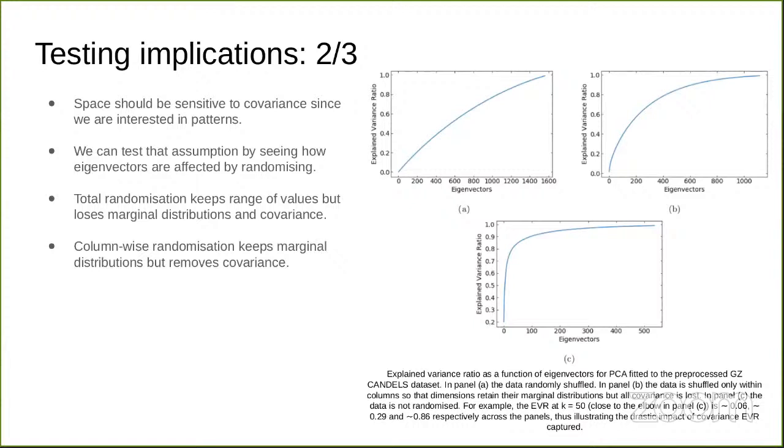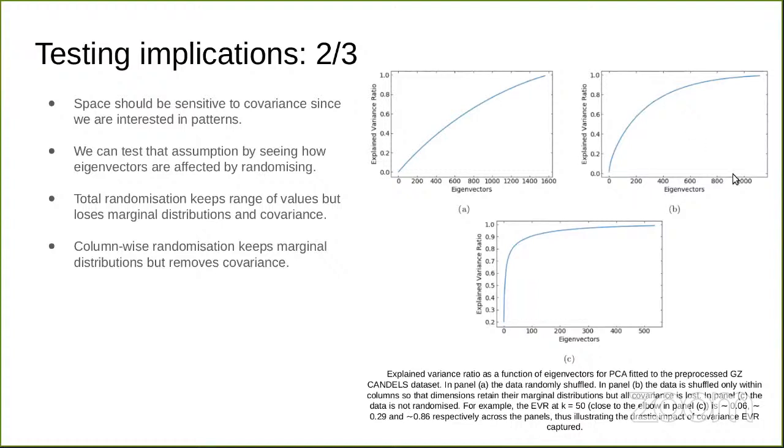Another thing that you want the space to do is be really sensitive to the covariances between the pixels. When you do the flattening, what you lose is adjacency. The pixels that are next to each other are just coincidentally so, and that doesn't really matter. You really want the covariances between the pixels to be meaningful. So what I've done here is, for the space, I've randomized the order of the rows and columns to see how many eigenvectors it takes to explain the covariance. When you totally randomize rows and columns, you get something approaching a straight line.